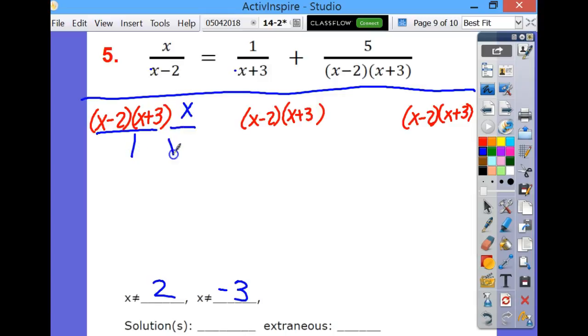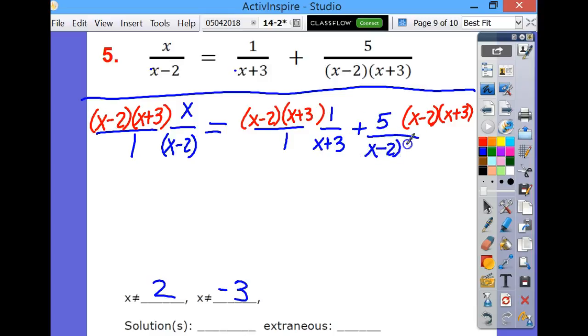The first fraction equals the second fraction, the last fraction. Then I get out my canceling pencil. This cancels this.